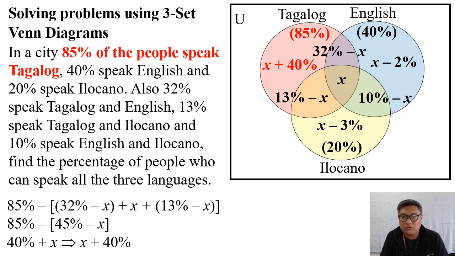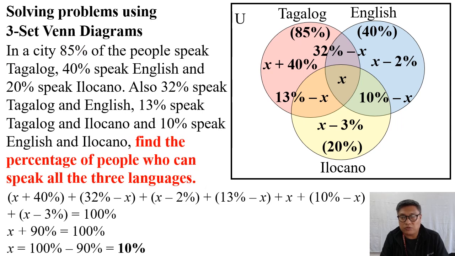Now, how are we going to solve for our x? The total here, class, is 100%, all the three. So if we add all of this, x plus 40 plus 32 minus x plus x minus 2 plus 13 minus x plus 10 minus x plus x minus 3, this will be equated to 100%. Then we can solve for our variable x.